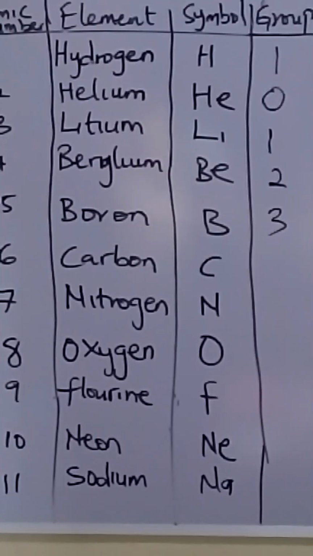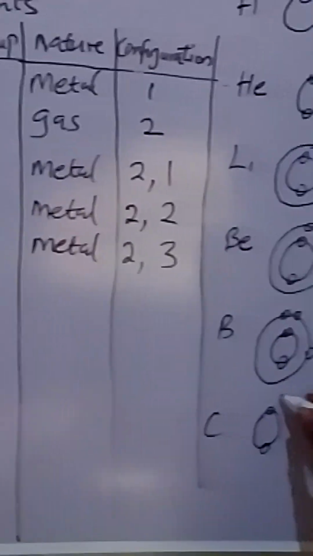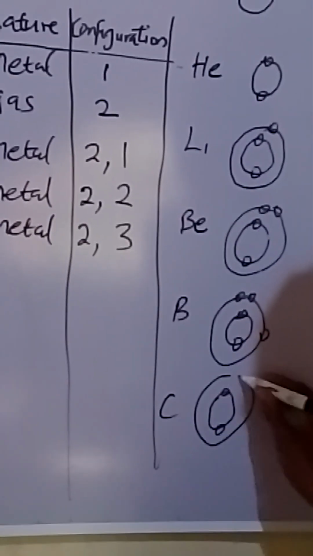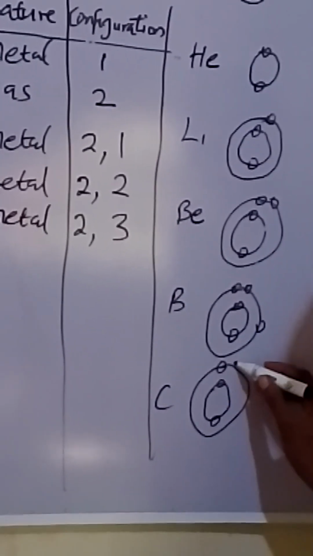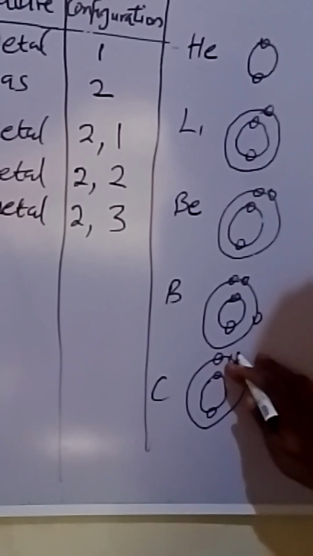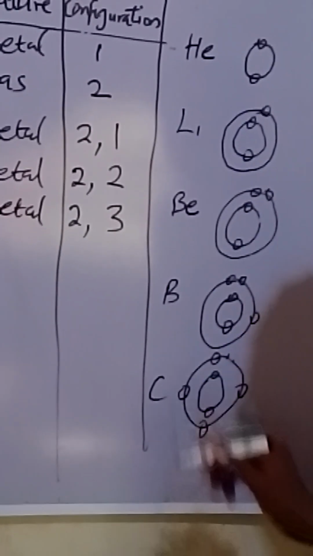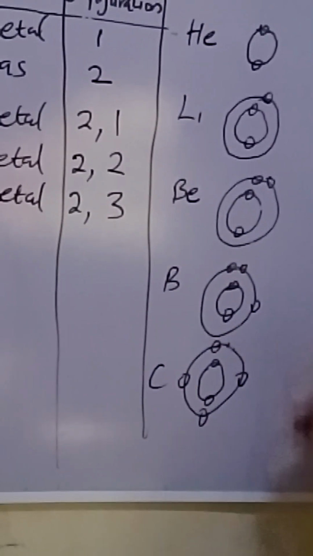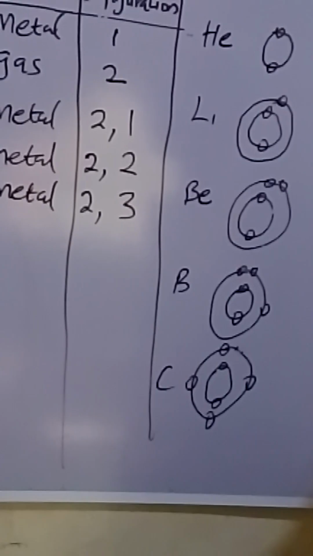For carbon, we have 6. And that 6 means that we have 2 filled up here. So see how it is. Meaning that we have 2 in the inner shell and 4 in the outermost shell.